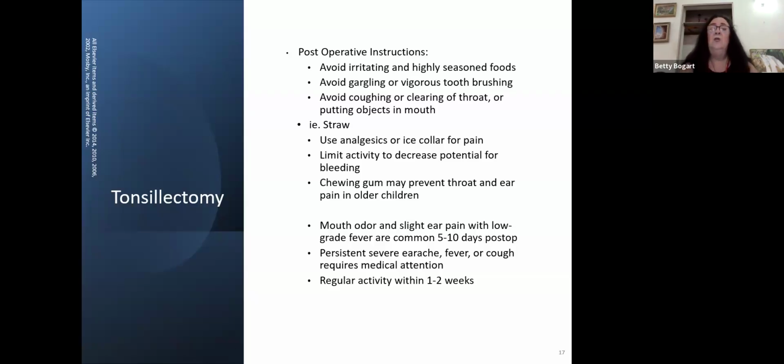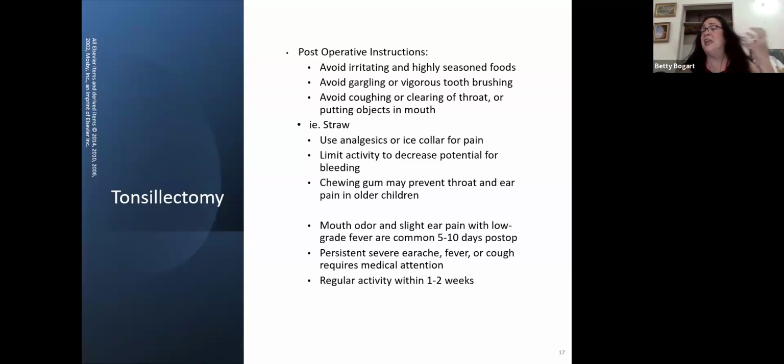Older children will use an ice collar that they put on their neck, and it works. It's nice. Young kids will not tolerate ice on their necks. Other things that older kids might do is chew gum. Think about where the eustachian tubes are. They're right there where the surgery was done.